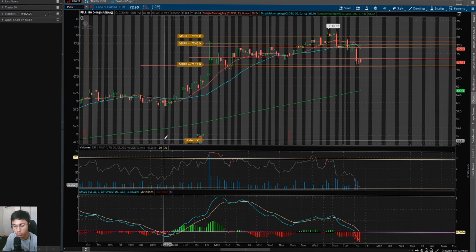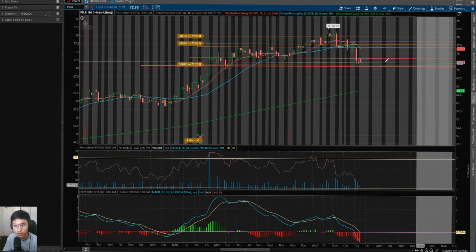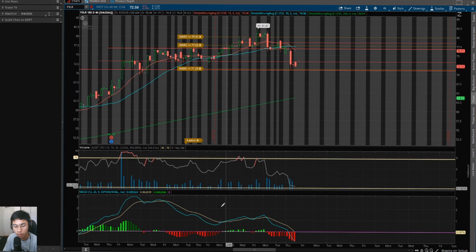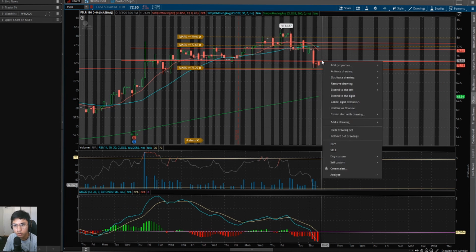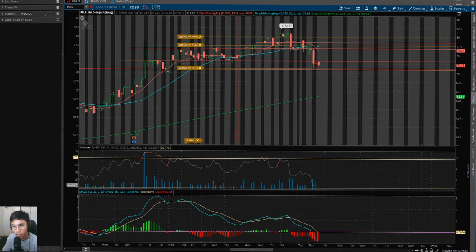The patterns that I'm using are breakout and breakdown patterns, and as you can see here, it is about to break out. Tomorrow it could potentially increase to, let me remove that drawing a bit, 73 or so.